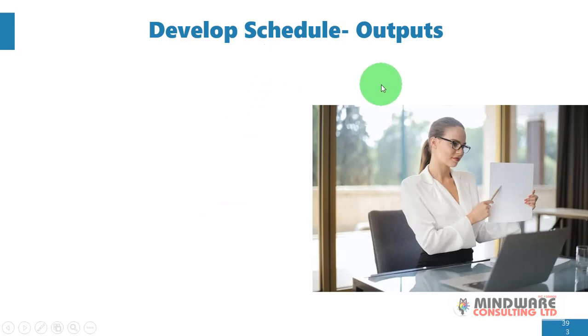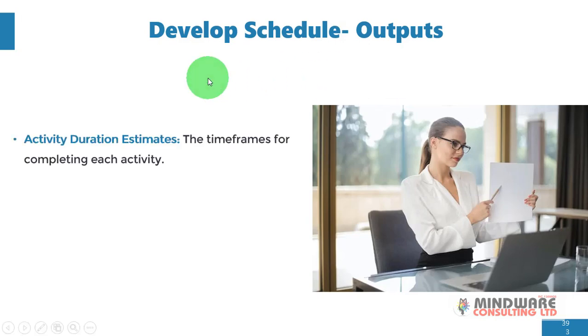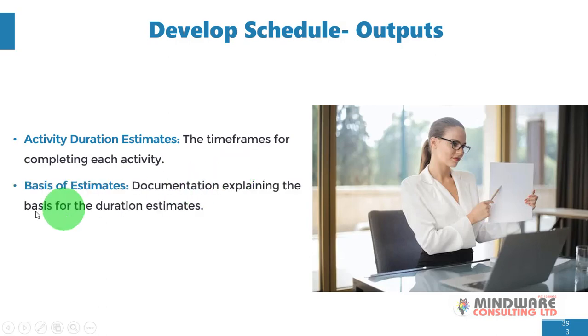Alright, so what are the outputs that we expect from the develop schedule? Firstly, we have activity duration estimates. This includes the time frames for completing each activity. So this gives us a detailed estimate of the time for completing each of the activities.